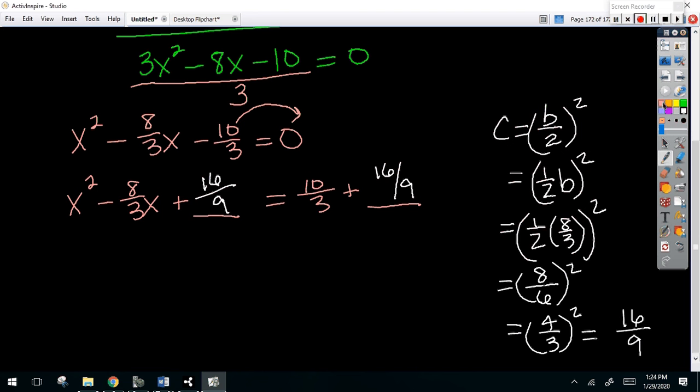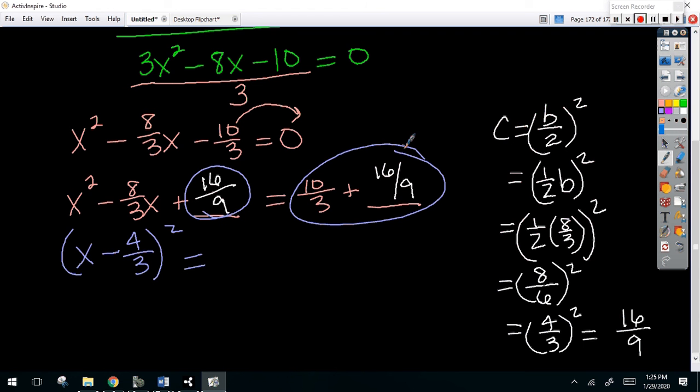All right, so factored on the left, the square root of the first sign, and what is the square root of 16 over 9? What's the square root of 16? 4, and the square root of 9 is 3. 4 and 3. This, I'm going to do on my calculator. I've showed y'all how to do this, right?